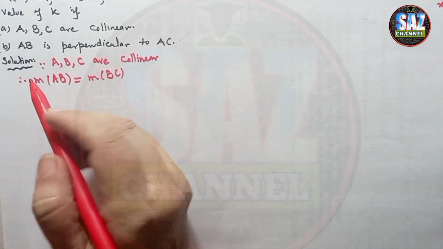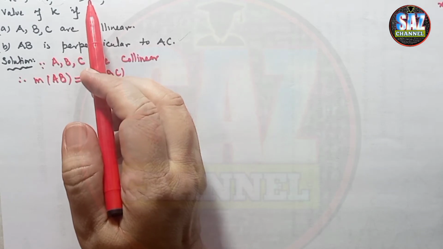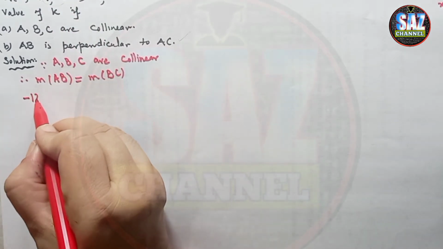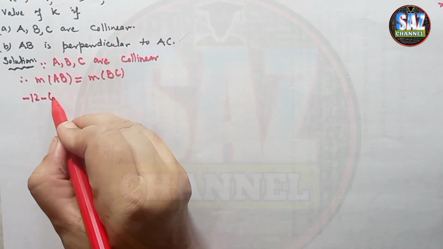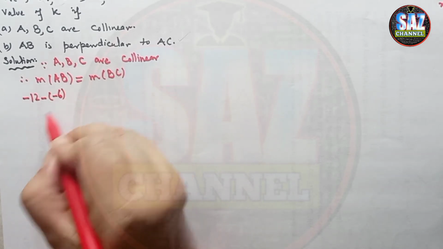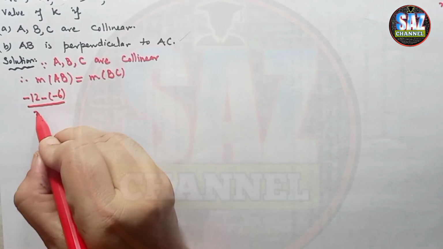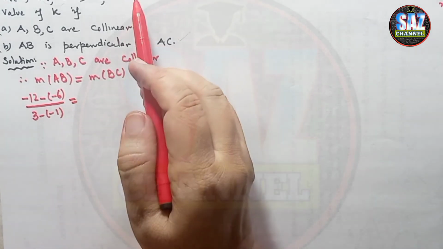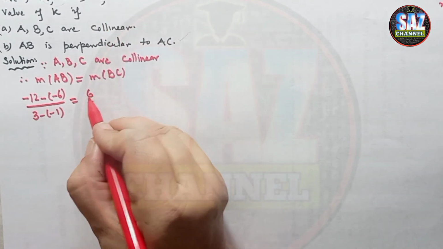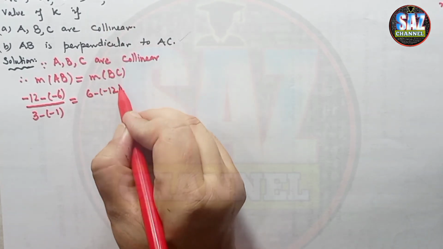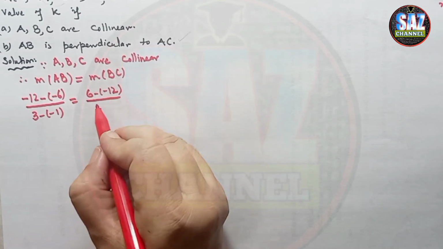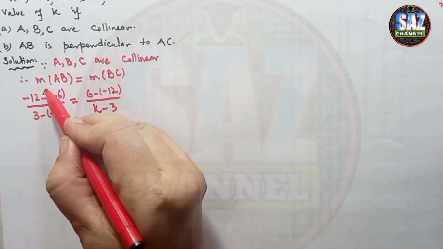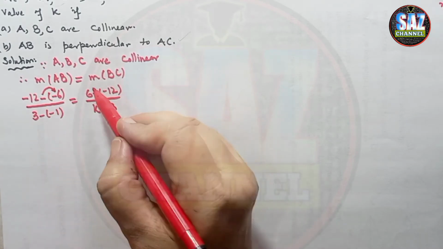Now we have to find the gradient of AB, that is y2 minus y1, minus 12 and minus 6, upon x2 minus x1, that is 3 minus minus 1. For BC, 6 minus minus 12 upon k minus 3. Now you can see that minus multiplied by minus will become positive.